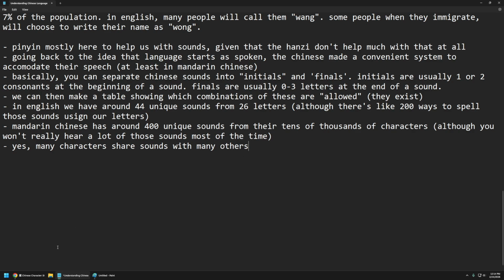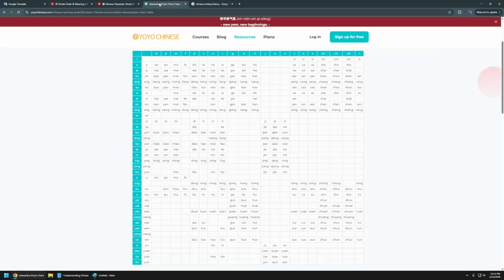Now, let's look at the table. Here it is. I think this makes it look a lot less intimidating. So here's the Chinese sounds. These are the sounds that are used in Mandarin Chinese. It's really not that complicated. This column here shows our finals, and this row here shows our initials.